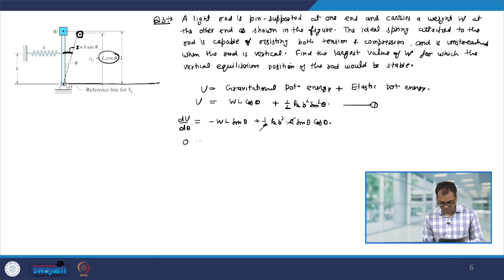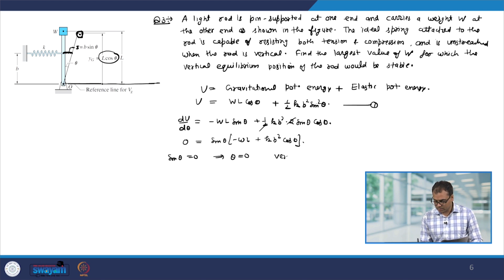So, we have 0 equal to sin theta (minus WL plus kb² cos theta), and this gives you that sin theta is equal to 0 or theta equal to 0, and this is the vertical equilibrium, and we were asked to analyze this case.